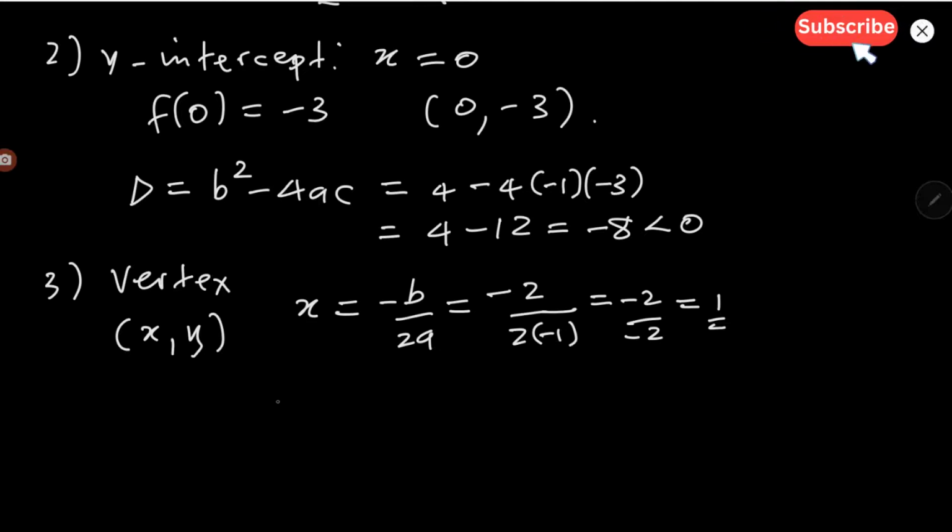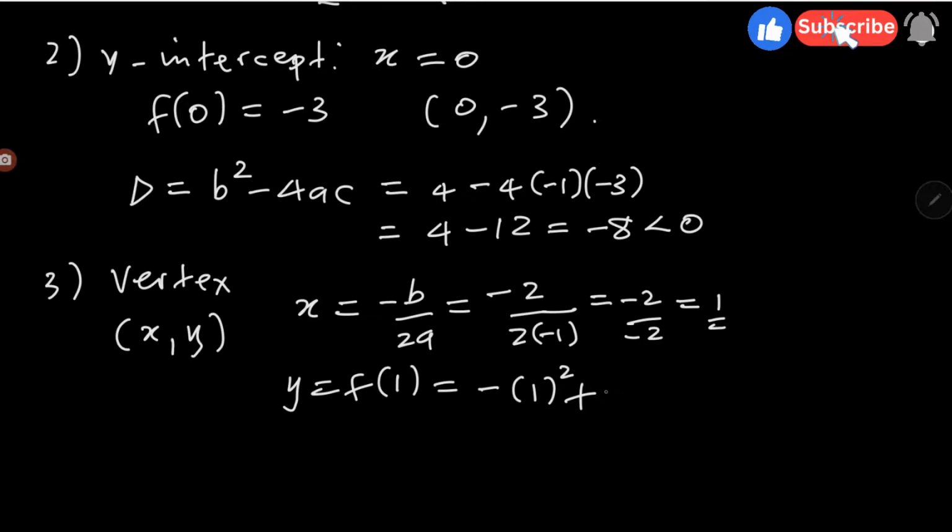Now, as we said in the earlier example, y is simply f at minus b over 2a. In this case, it's 1. So this is going to be equal to minus of 1 squared plus 2 on 1 minus 3.